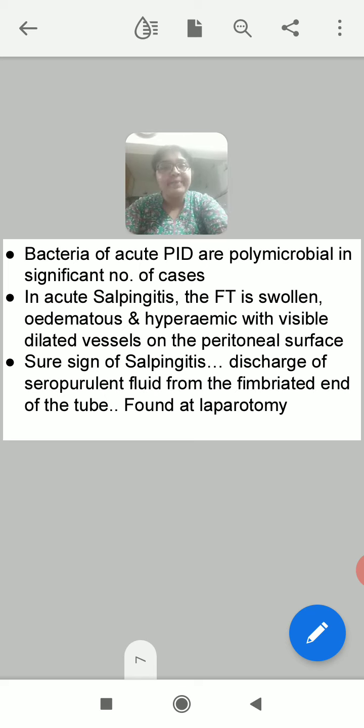In acute salpingitis, the fallopian tube is swollen, edematous and hyperemic with visible dilated vessels on the peritoneal surface. Sure signs of salpingitis are discharge of seropurulent fluid from the fimbriated end of the fallopian tube, and this is found at laparotomy.